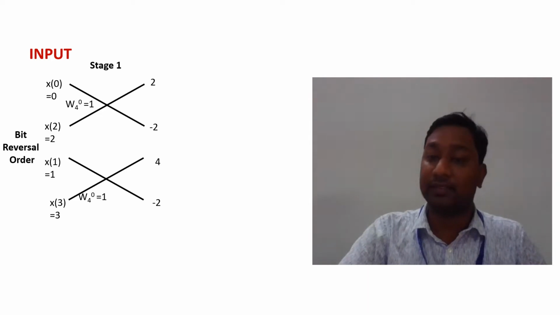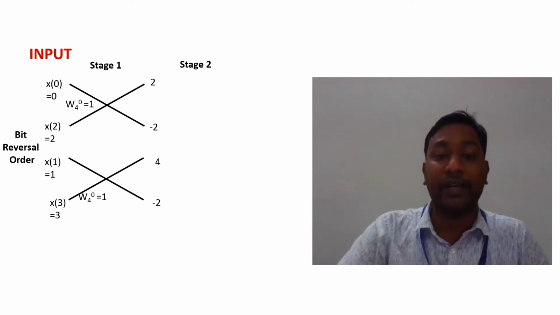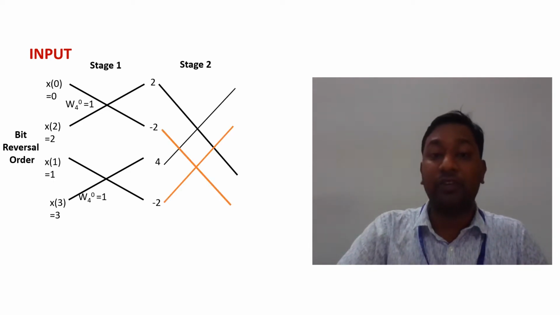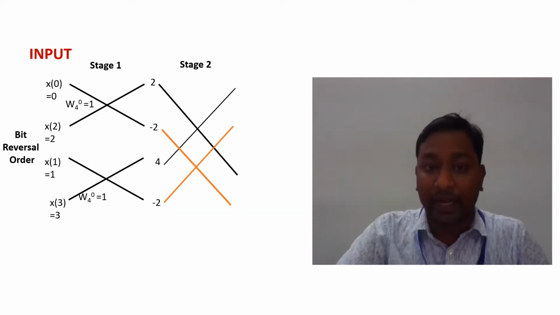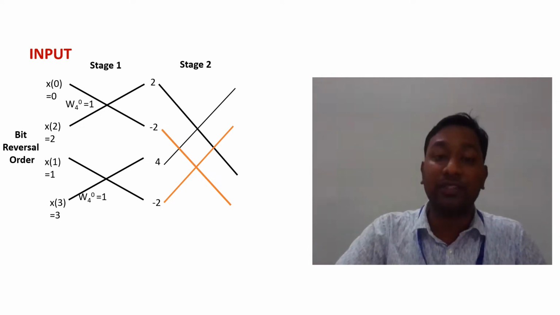Now we will see the next stage. In stage 2, the input is the output of stage 1, so the inputs are 2, minus 2, 4, minus 2. In stage 2, the butterflies are associated with the first and third inputs, and the second and fourth inputs.